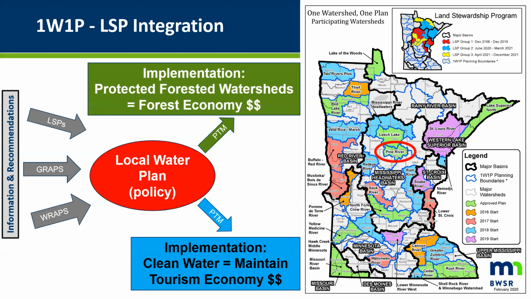As you look on the left side now, you've got the local water plan in red there in the middle. Coming into that, Pollution Control Agency WRAPS at the bottom. All kinds of water quality information is supplied to the local planning entity. GRAPS, the groundwater information, is supplied. Now LSP, landscape stewardship plan, something we developed here just in the last few years.